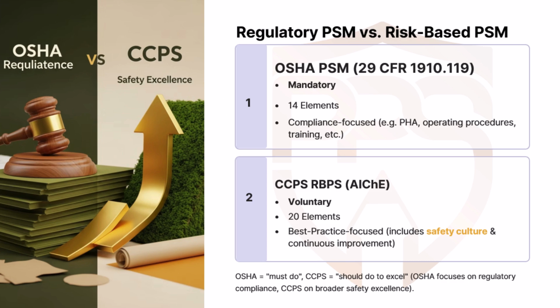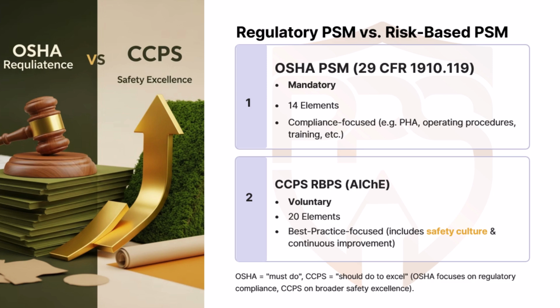To compare briefly, the OSHA PSM 14 elements are mandatory for those who meet the triggers. It's somewhat prescriptive. For example, you must do hazard analysis, must have certain procedures, and others. And it sets the baseline.